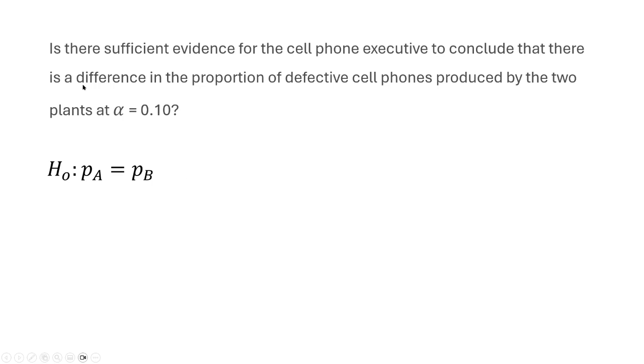Now, because it said there is a difference here, it didn't say one plant was more likely to have defective phones over the other, then my alternative hypothesis has been limited to the proportion from plant A is not equal to the proportion from plant B. So I have a not equals to, or a two-tailed test, that we'll do here.